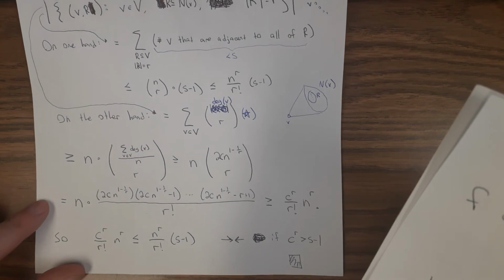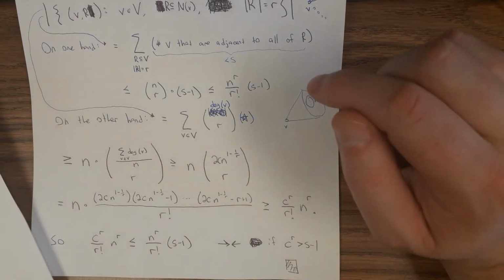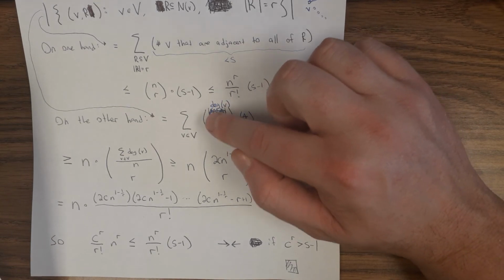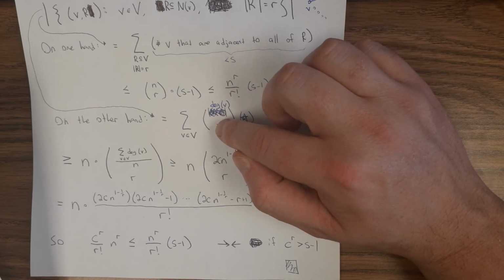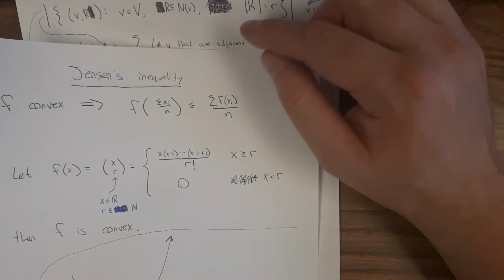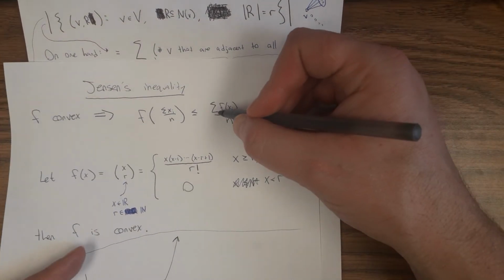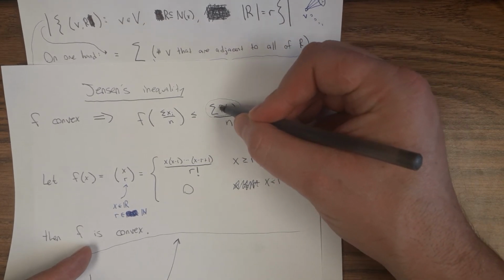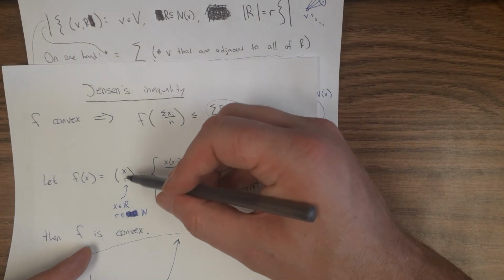So, remember where we were. We were here. I am adding up a bunch of function values of something choose r. So it's like I'm adding up f of a bunch of things, where f is this function.